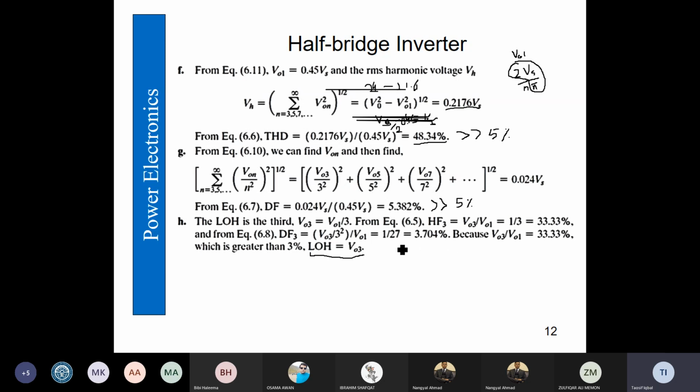And because the distortion factor and harmonic factor both are higher than 3%, the lowest order of harmonic is considered the third harmonic. So the third harmonic is strong enough, and it is equal to 1/3 of the fundamental. So according to standards, this kind of product is not allowed to be used.